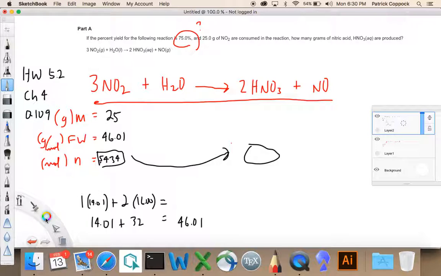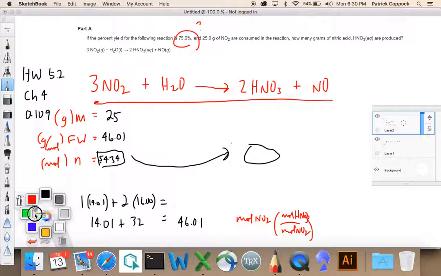Now if I have that many moles of nitrogen dioxide, how many moles of nitric acid do I have? So it's going to be moles of NO2 to moles of nitric acid.